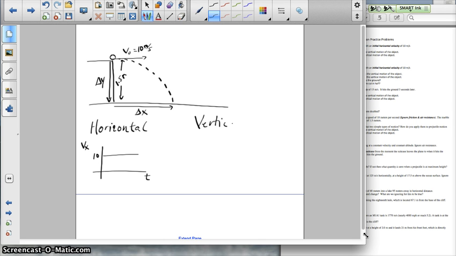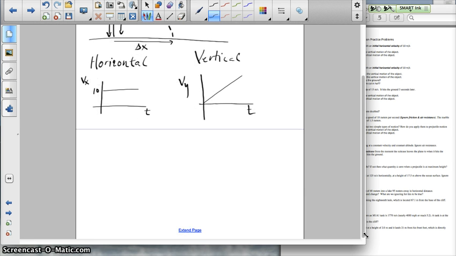In the vertical direction, if I draw a velocity time graph, it's just like an object being dropped from rest. So it looks like this. And if I draw an acceleration time graph, this is acceleration in the y direction versus time. We're just talking about the acceleration due to the Earth's gravity field.